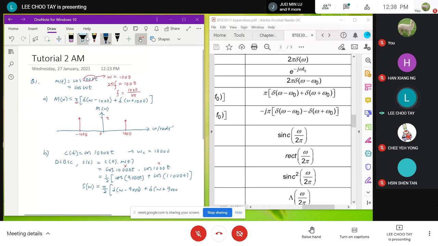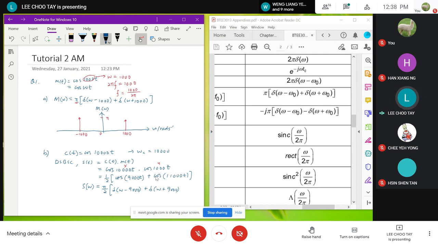Oh, no, I have a t missing, sorry. It's 9,000, no t. Sorry, I'm in that mood this morning. This is an omega, no t. If you multiply with t, then it becomes an angle already. So minus, plus, that is for these two delta functions for this cosine waveform.